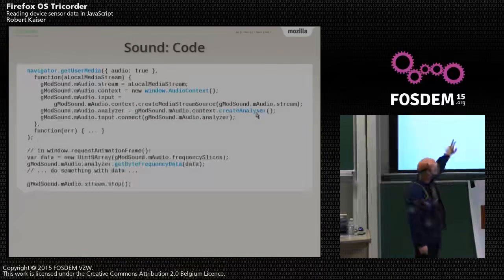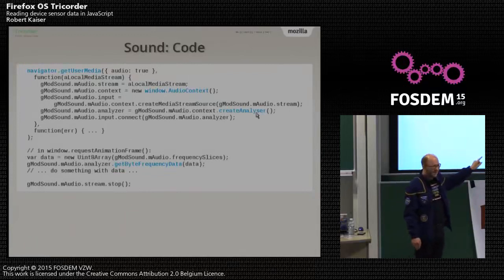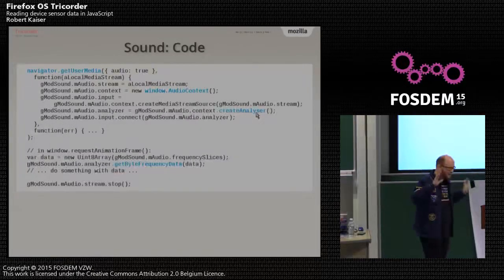Then we create an analyzer so we can actually analyze the data that is coming in. And you'll see there are spelling differences. I'm using American spelling in my variables, but the API uses British spelling, so be careful when you write that. You create an analyzer. You actually need to set up the FFT size and stuff like that of the analyzer, but I don't want to go into those details here. And then you connect the analyzer to the input, and then you're set up, basically.